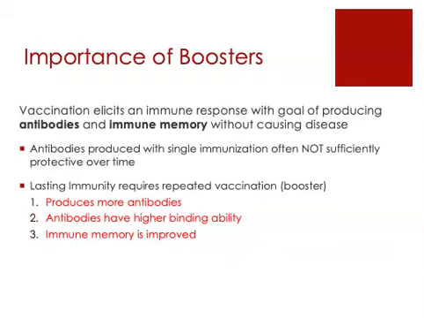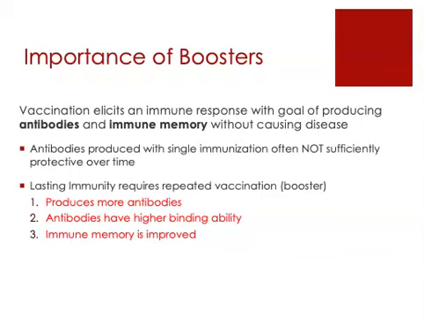When we originally get vaccinated against a pathogen, it's unusual to only receive one shot. It does happen. For example, the Johnson & Johnson vaccine only requires 1 shot. Most vaccines require 2 or even 3 shots in that initial vaccination protocol.